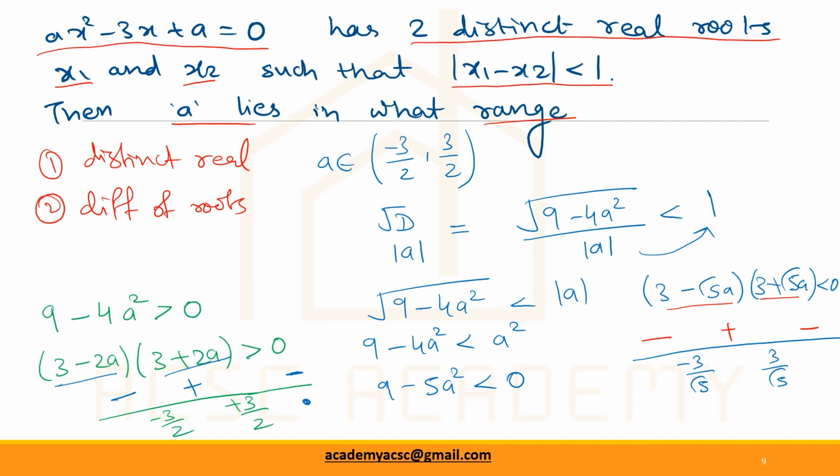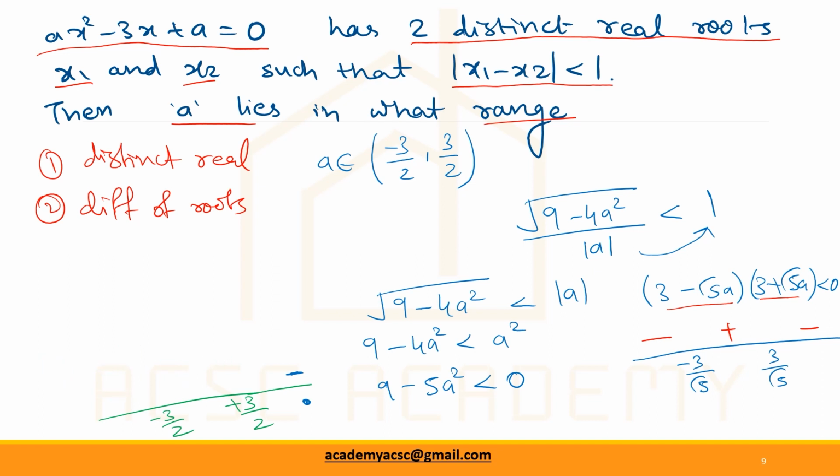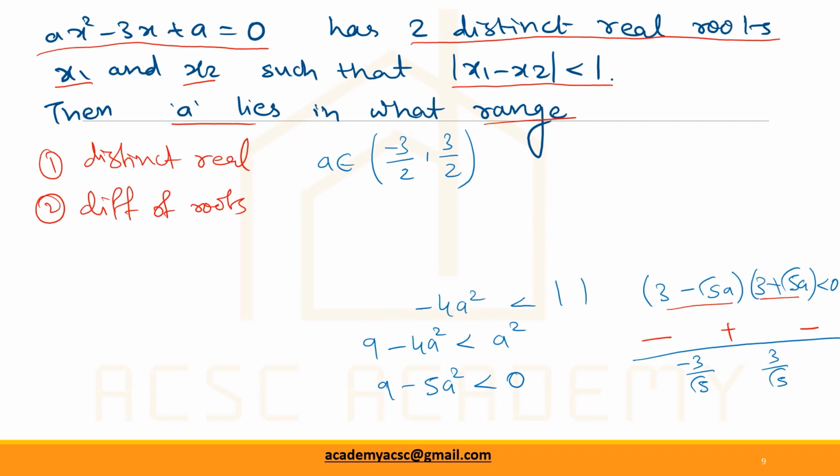So now let us clear this out. And from the second condition, what is the range of values of a that we are getting, that we need to find out.